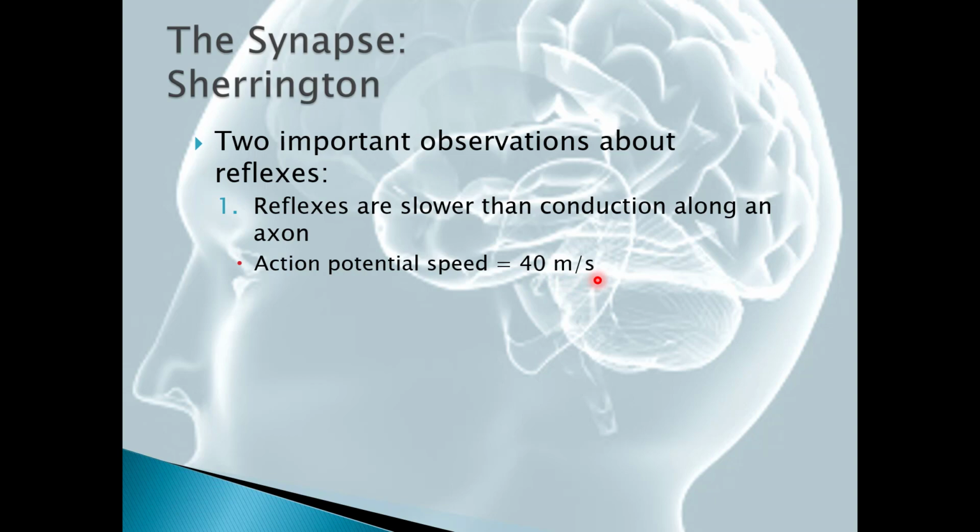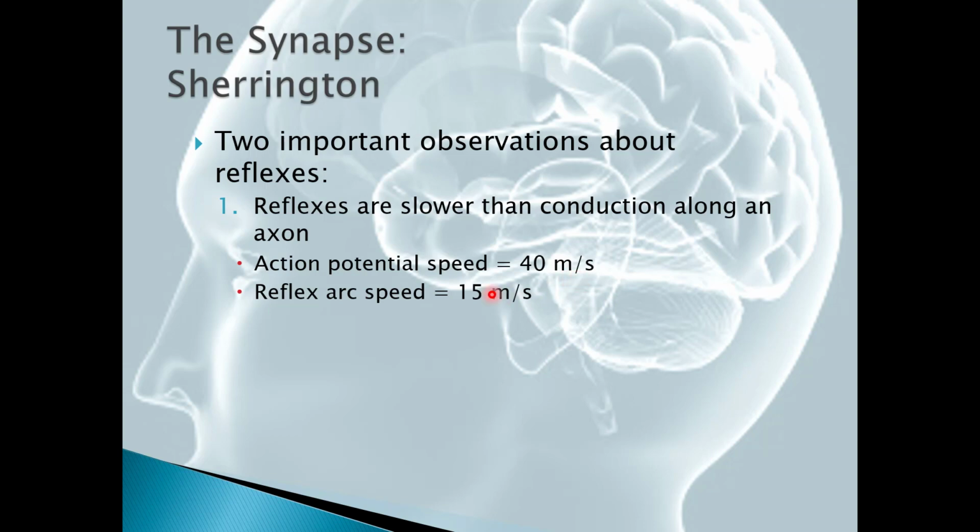So in that sensory neuron, in that motor neuron, the action potential speed is 40 meters per second. However, when he measured the time for it, he was doing a paw pinch reflex. When he measured that time from pinching the dog's paw pad to when they had that reflex and pulled back that leg flexion, the reflex arc speed was 15 meters per second. So the action potential was traveling down the axon at 40 meters per second in both the sensory neuron and the motor neuron.